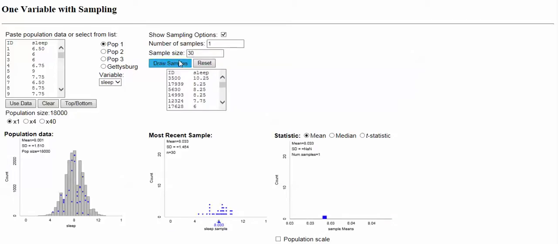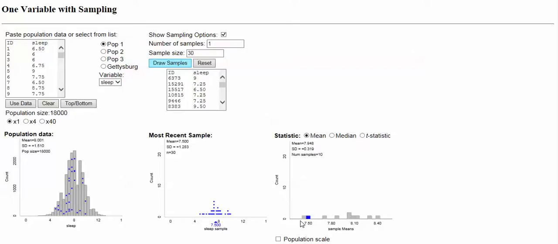So let's try to take samples of 30. What this does is it randomly selects a sample of 30, calculates the mean of the sample, and plots the sample mean right here. So here's the 30 people inside of my newest sample, inside of the population. Here's their sample mean of 7.5. Notice how most of them come from the lower end of the population, so most of them have lower sleep times.